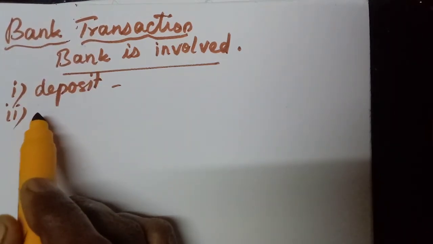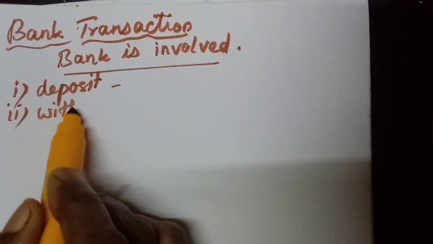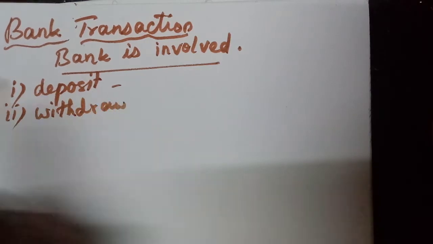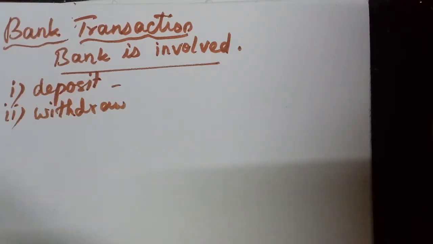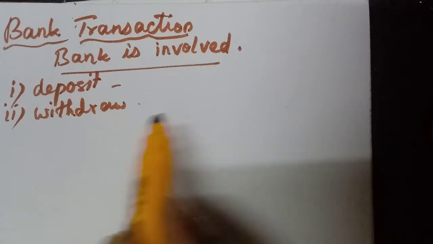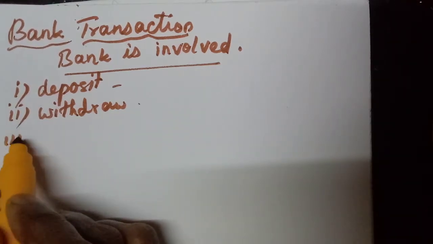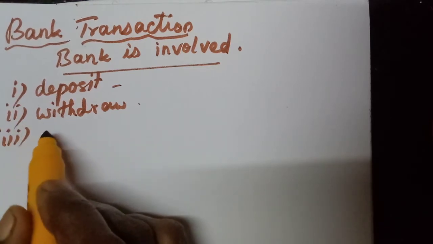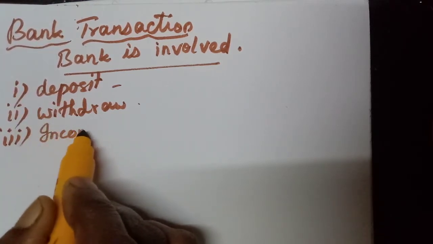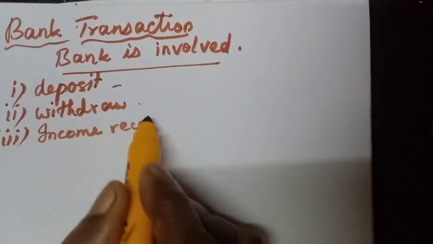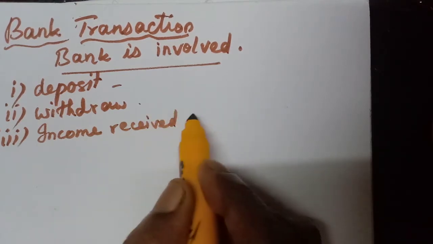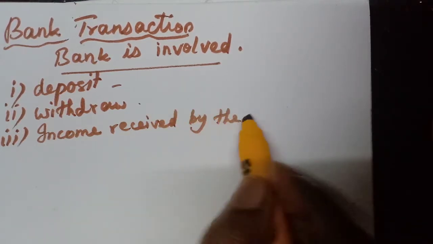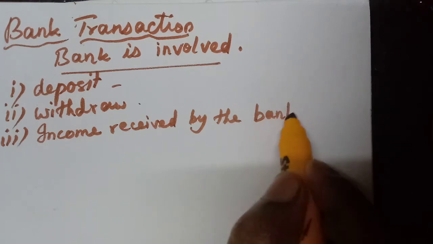Then the opposite we can say, when we withdraw money from the bank, that is bank transaction. Then some of the income will be received by the bank on our standing instruction.